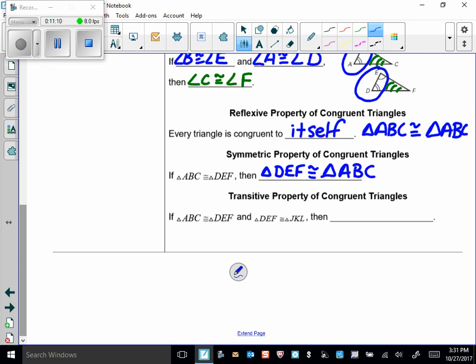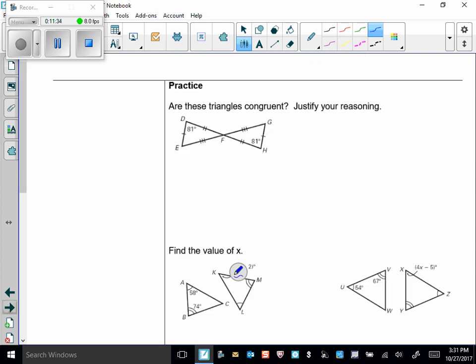And finally, the transitive property: if triangle ABC is congruent to triangle DEF and DEF is congruent to JKL, then I know that triangle ABC is congruent to triangle JKL. You may need these properties sometimes in a proof. You never know. So I would make myself a flashcard for those, even though I didn't put them on your sheet. So that's pretty much it for the content of the lesson.